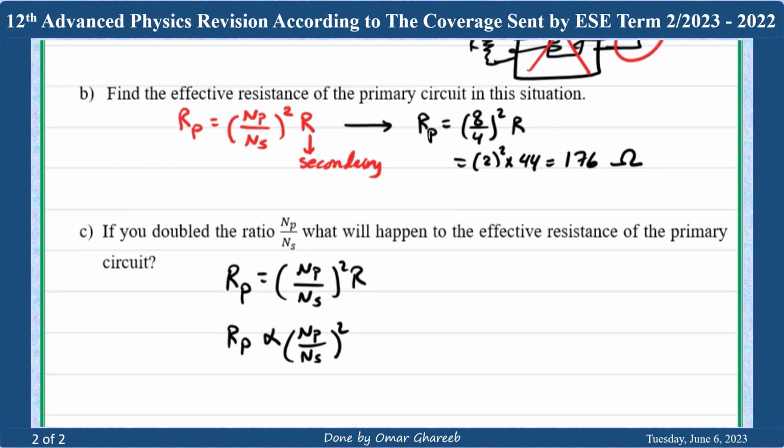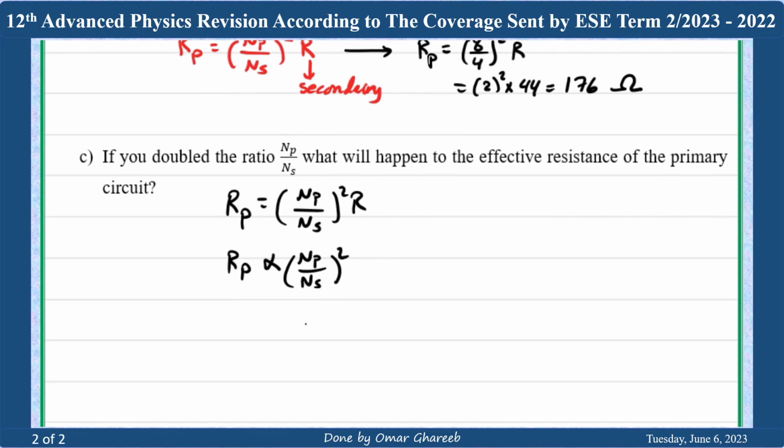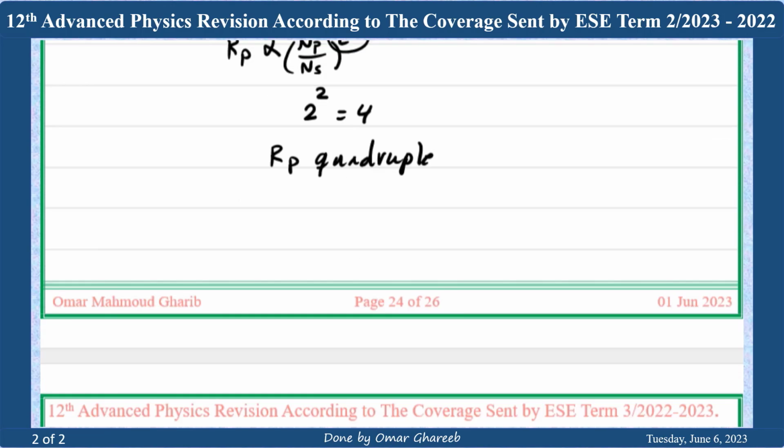So if you double this ratio, you have a square, then RP will be quadruple, because of the square here. Doubled, squared, it is quadruple. So the effective resistance for the primary circuit should be quadruple.